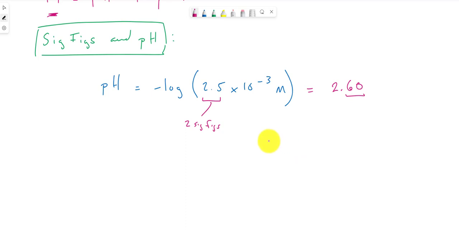When we're thinking about sig figs in these logged terms, notice that the number that's being input into the equation has 2 sig figs to start with. And so we're constrained by that. We can't have any more than 2 sig figs in the answer that we compute. But what's important to know is that when you're doing a log transformation, you're essentially converting this number, which is a placeholder for the number of zeros. 2.5 times 10 to the minus 3 is the same as 0.0025.